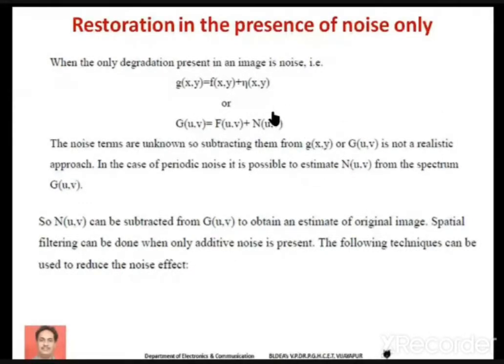And in case you have some other kind of noise N of u comma v, we can simply make use of spatial filters. Here what I want to say is we have two options to restore the image when additive noise is there. One option is to make use of spatial filters, and the second option is to go for frequency domain filters, which we discuss in the coming slides.